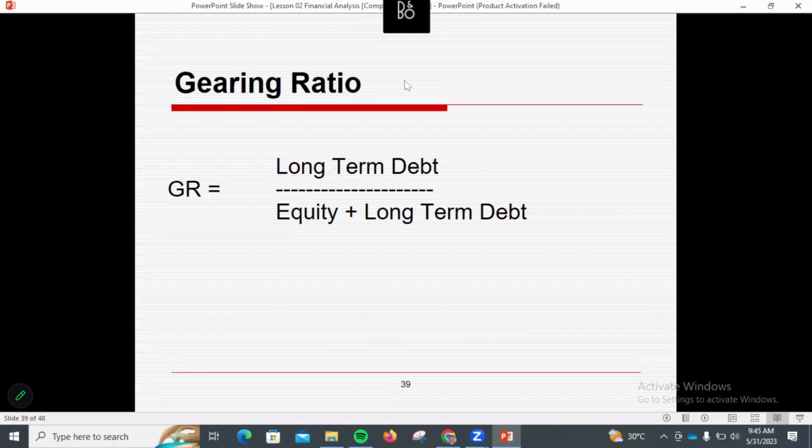So you can find the effect of this long-term debt on the performance and administration of these companies.